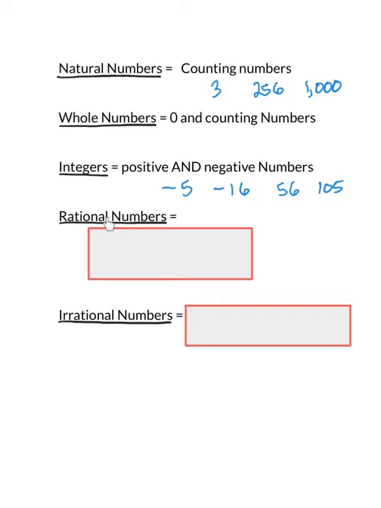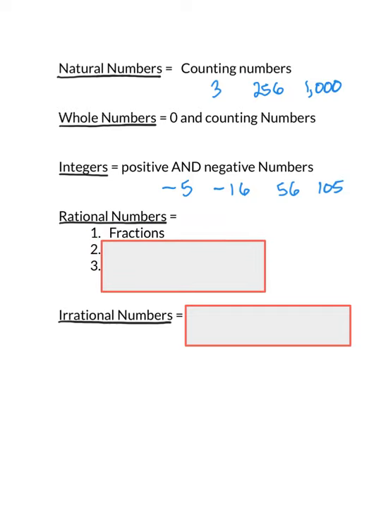Next, we're going to talk about rational numbers. Rational numbers actually have 3 definitions that go along with them. The first definition is fractions. Again, we know what fractions are. A great example of a fraction is 3/4, or 7/10.